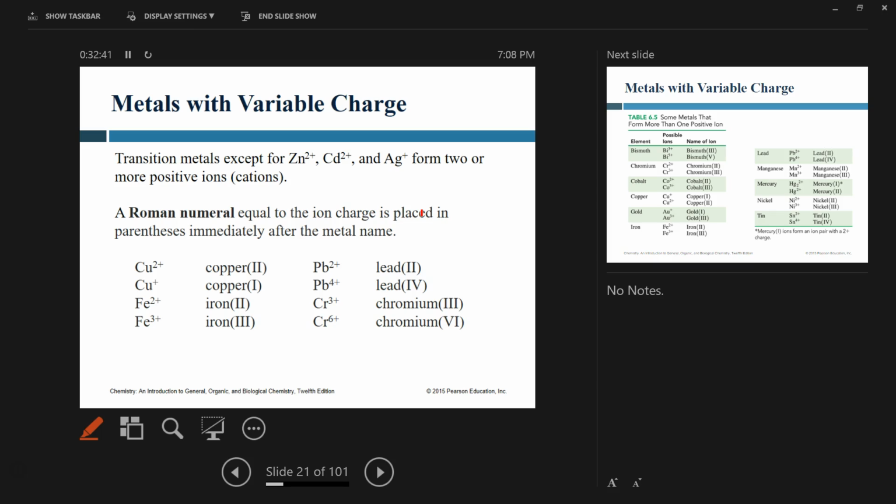Sounds scary. In this case, you show the Roman numeral that's equal to the charge in parentheses after the name of the element. For instance, does it terrify you to an extent? Simpler than you think.